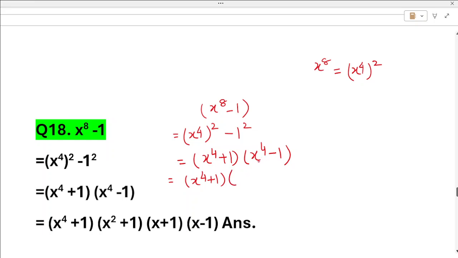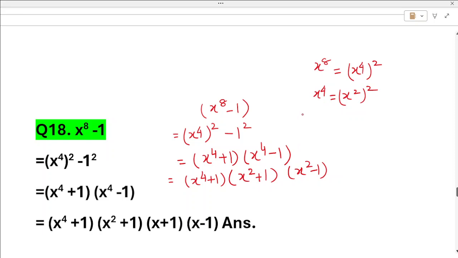We can put it like, how it is. x to the power 4, you can express it as x square whole square. So it will become x square minus 1, put it plus 1, and the other term will become x square minus 1, correct?